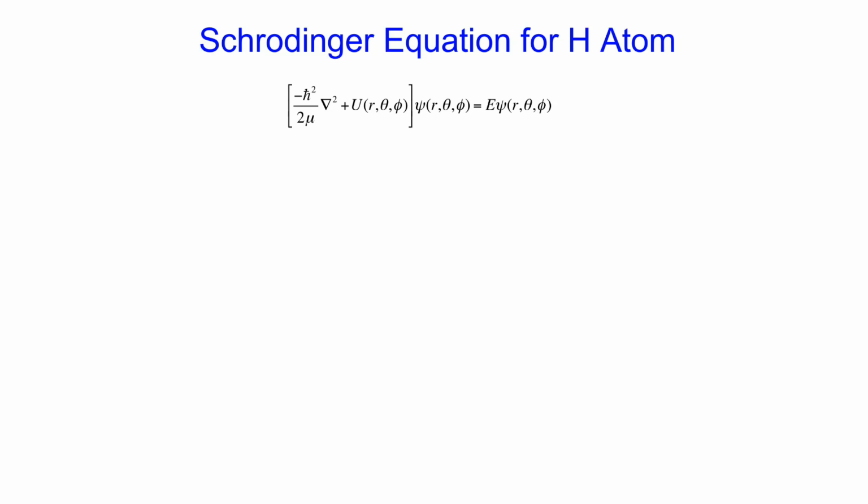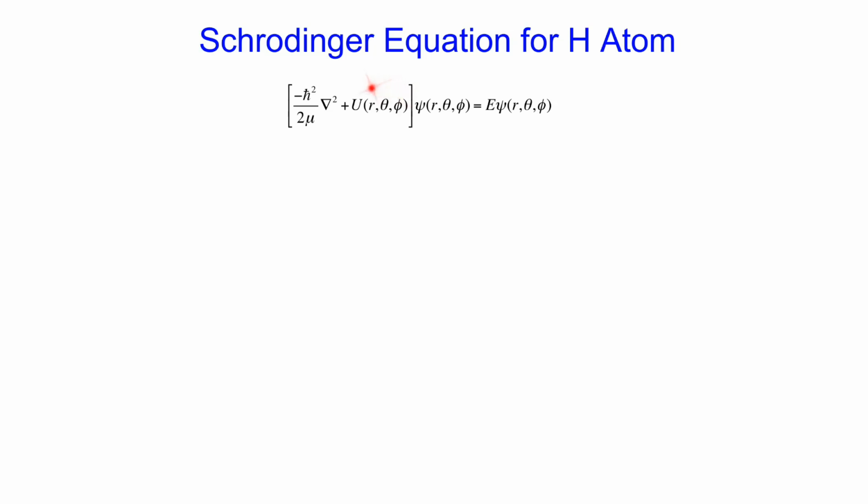Okay, so let's put together our Schrodinger equation for the hydrogen atom. Now that we've discussed our basic model, we can put together our Schrodinger equation. So we have our typical kinetic energy term. Remember, we have that del squared, our Laplacian operator that we saw before in the rigid rotor, same thing.